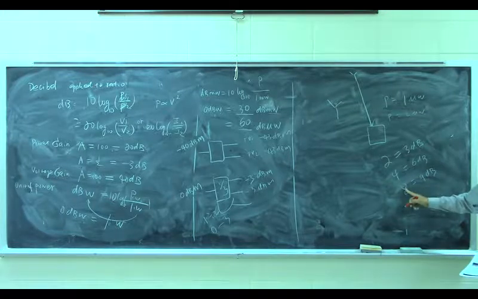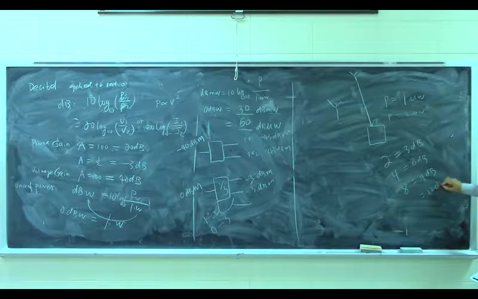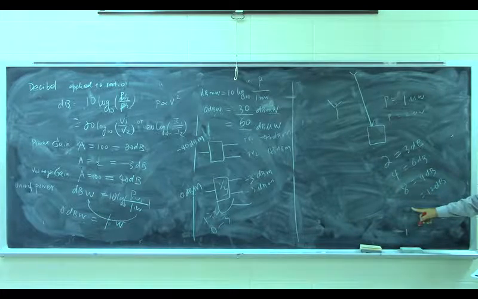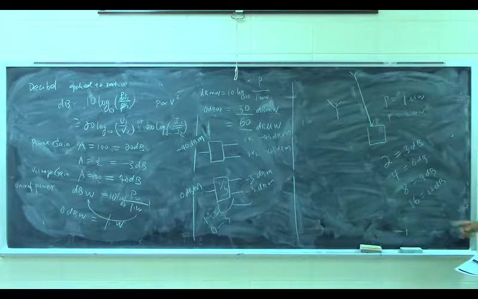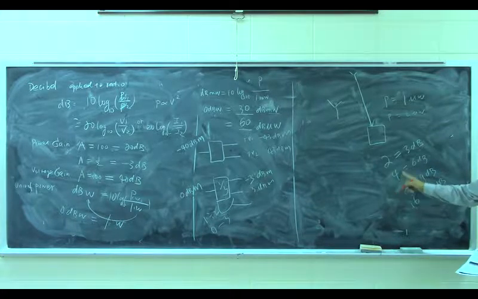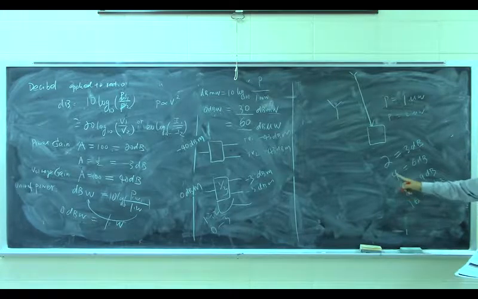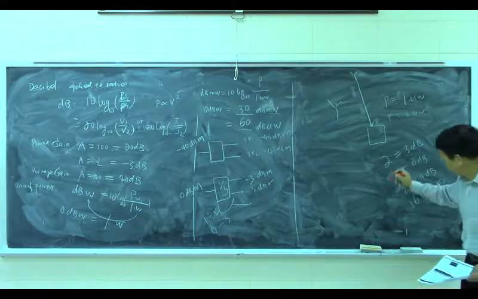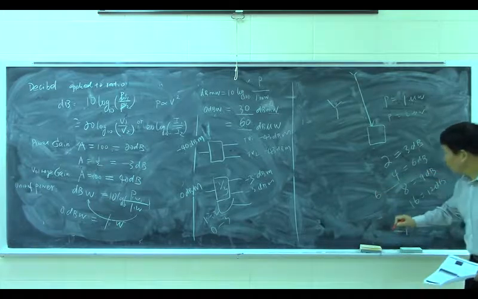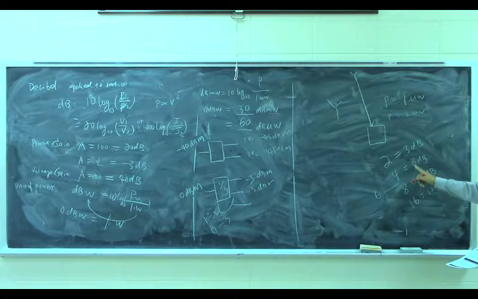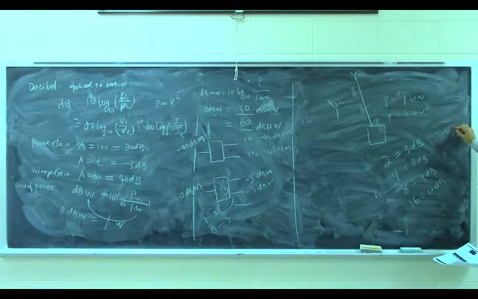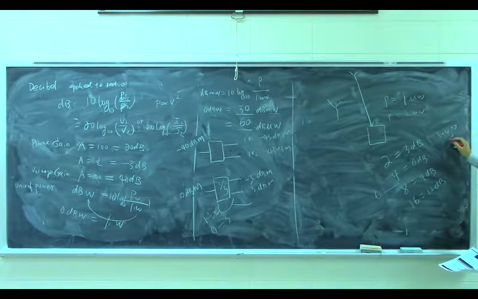So how about 12 dB? 16. What does 6 give you? 6 dB equals 4, because you add 3 and multiply by 2 each time. 6 from here, 6 from here. What is 6 of these? 6 is like 3 plus 4.77, which is about 7.77.